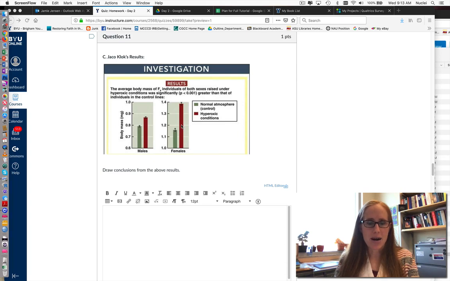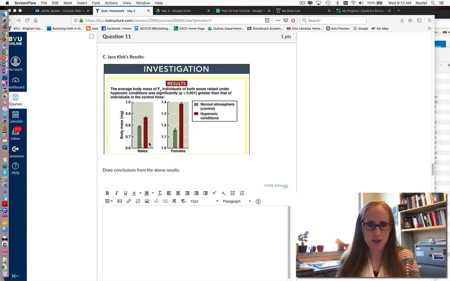And then our independent variable, whether it was normal or hyperoxic, is actually displayed in 2 different colors of graphs on the x-axis. So again, your x-axis is usually the independent variable. And it is, in this case: we have regular conditions, hyperoxic conditions, regular conditions, hyperoxic conditions. And then the y-axis is your dependent variable, so how big the insects get.